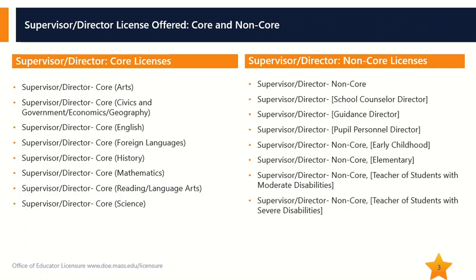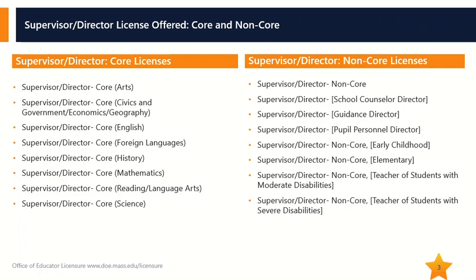All of the academic supervisor director licenses offered in Massachusetts appear on this slide. During the online application process, applicants must select the specific supervisor director license or licenses sought. This permits the Office of Educator Licensure to identify the requirements for all of the supervisor director licenses offered. Licenses on the left are supervisor director core licenses.